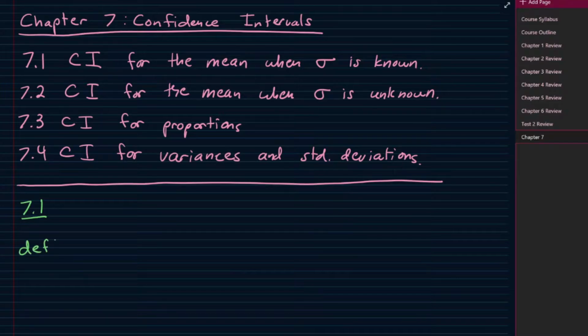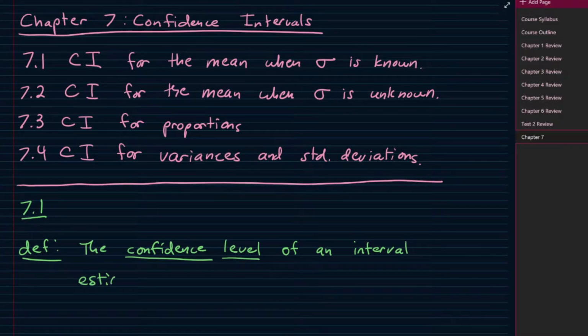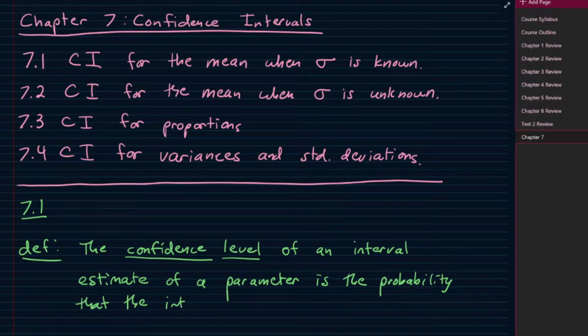So the confidence level of an interval estimate of a parameter is the probability that the interval estimate will contain the parameter.